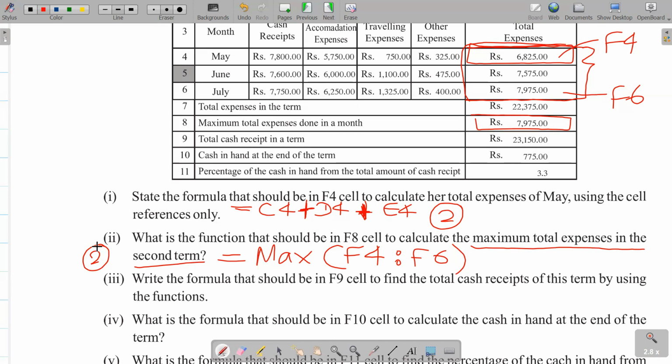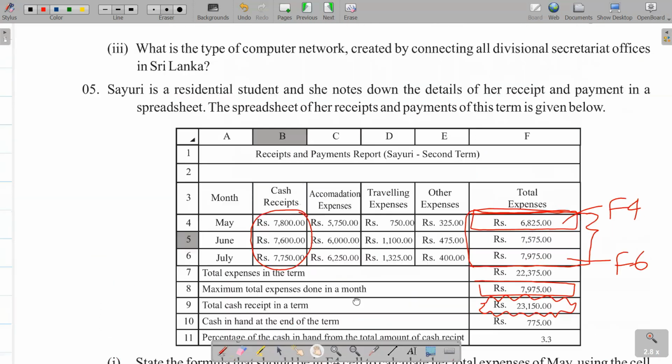So the third part, it is asking to write the formula that should be in F9 cell to find the total cash receipts of this term by using the function. So the total cash receipts are over here, which is the column B, right?